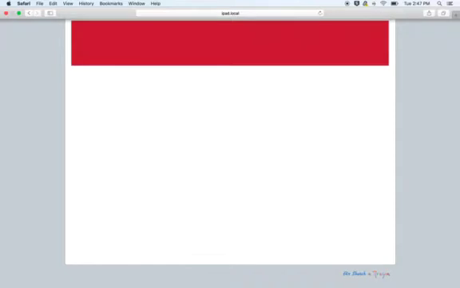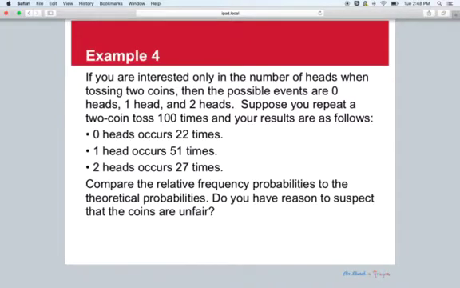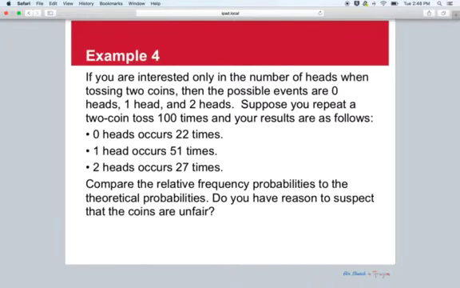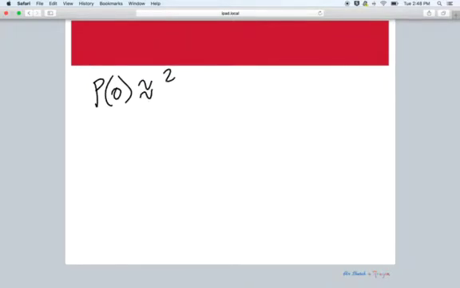The probability of zero heads in our relative frequency model is approximately 22 out of 100.